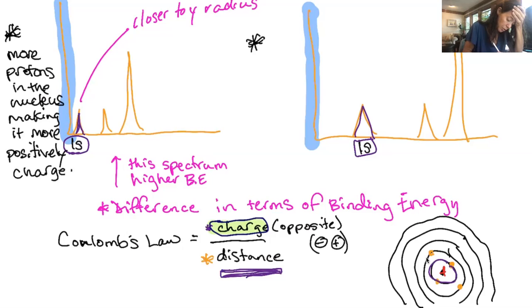And that's important to realize, okay? The only way I know this is by either just comparing what elements they are and looking at their atomic number, or I could also infer it from looking at the binding energy of the first electron shell.